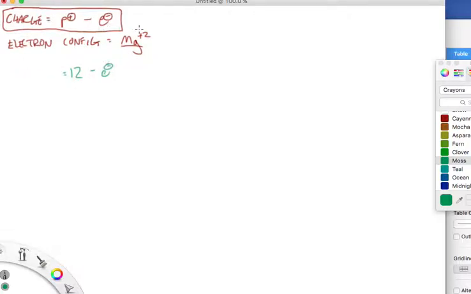And the charge is, you can see it right here, plus 2. So plus 2 equals 12 minus something. From your first day of algebra, you know how to solve this. What's this number got to be? It's got to be 10. So the number of electrons here has got to be 10.